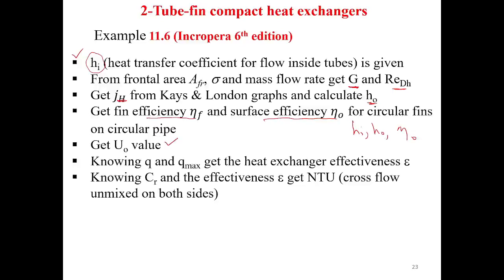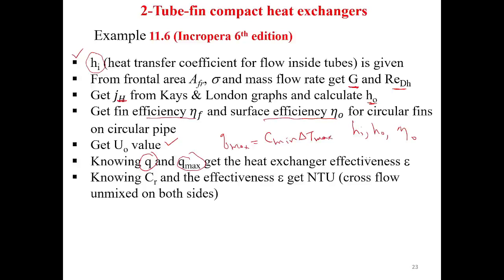After that, since the water is entering at 290 degrees and leaving at 370, you can find Q. And Q max also can be found, because Q max, as we know, is equal to C minimum times delta T max. So Q is known and Q max is known.